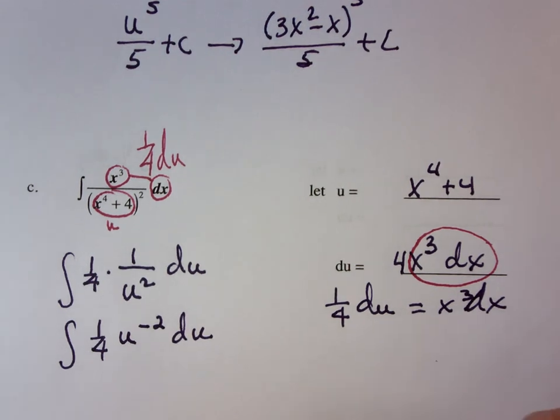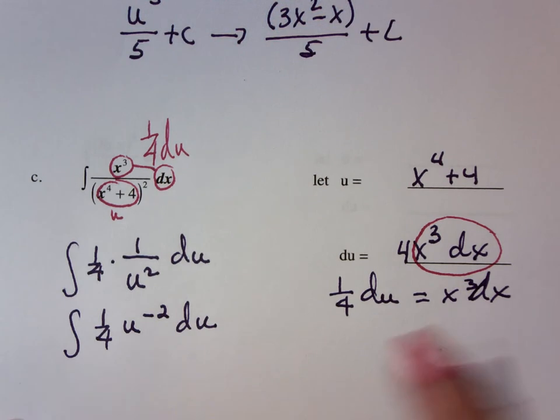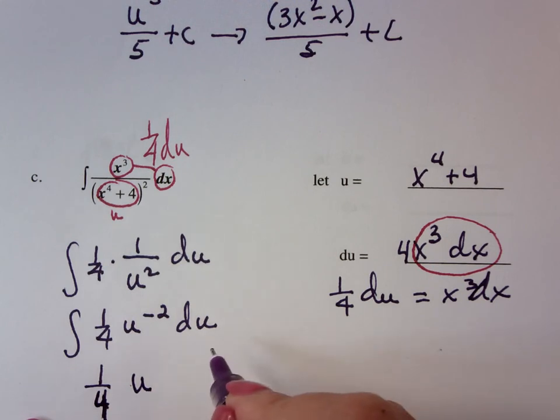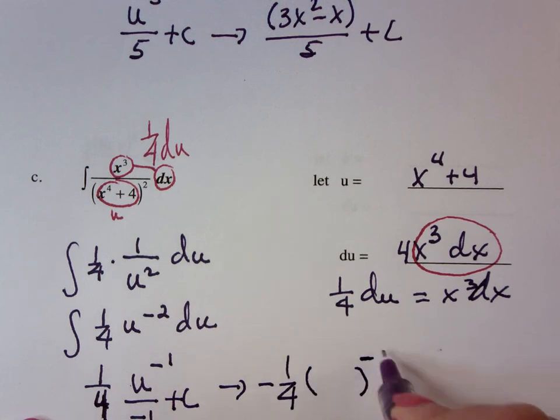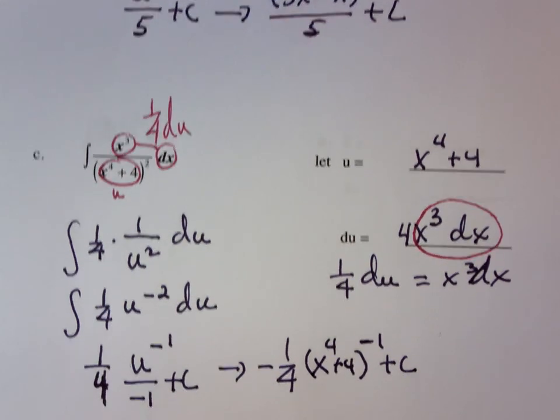But it's 1 over u squared, which is what? 1/4 times u to the negative 1 over negative 1 plus c, or negative 1/4 u to the negative 1 plus c, and u was what? x to the 4th plus 4. And then you could put it as 1 over if you wanted to. Right now we're just integrating.